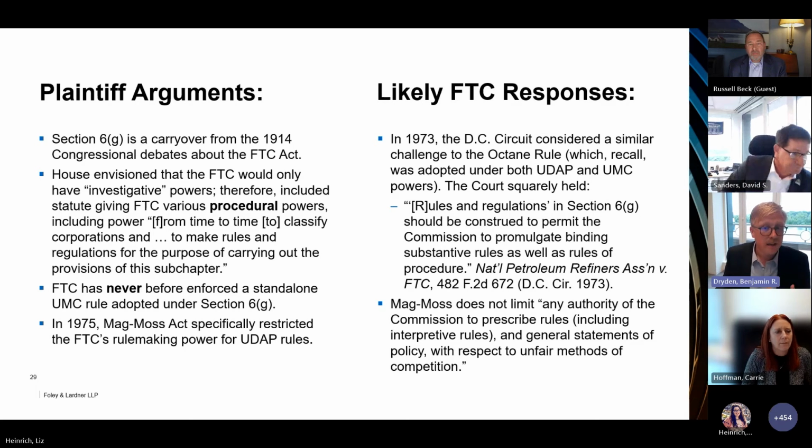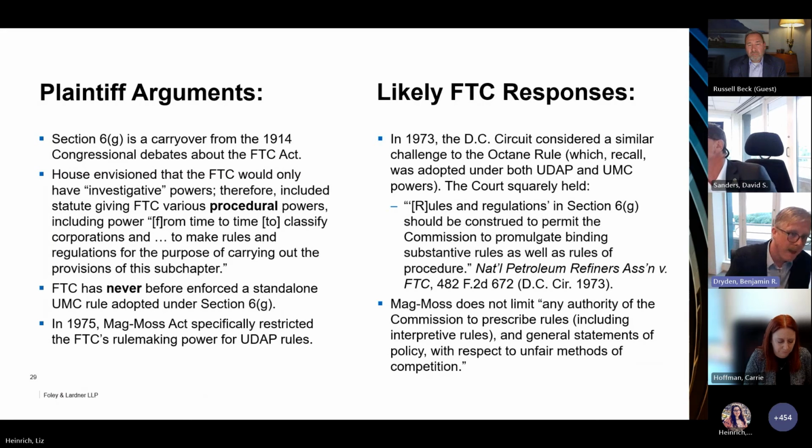The FTC can point to a case from 1973 where the DC Circuit specifically considered this argument under the context of that octane rule, which you'll recall was adopted using both the UDAP and UMC power. And the DC Circuit said, well, rules and regulations for purposes of 6(g) does include substantive rules, not just rules of procedure.